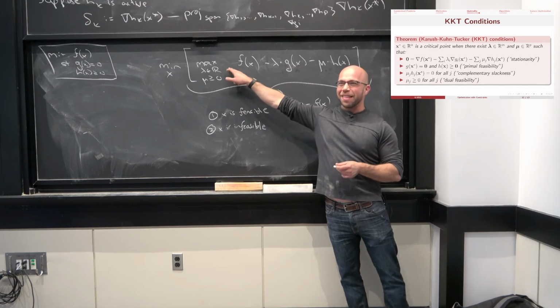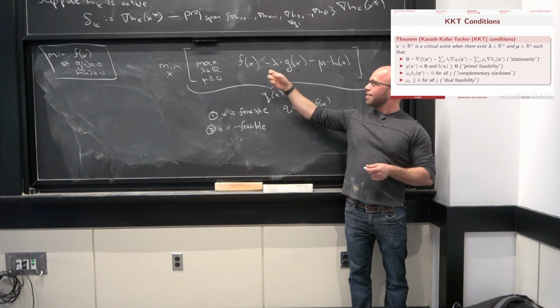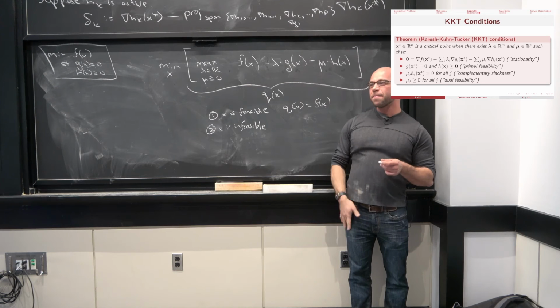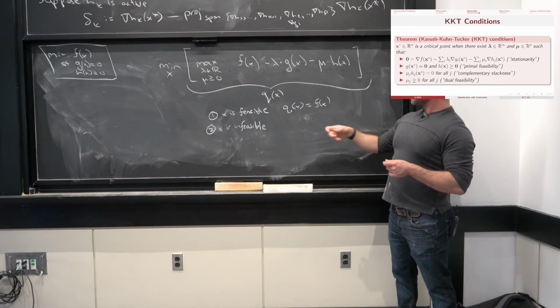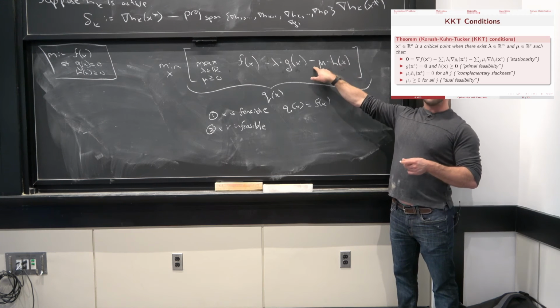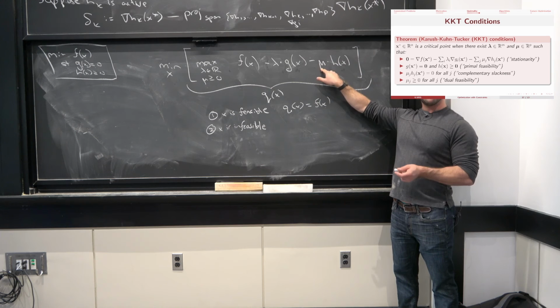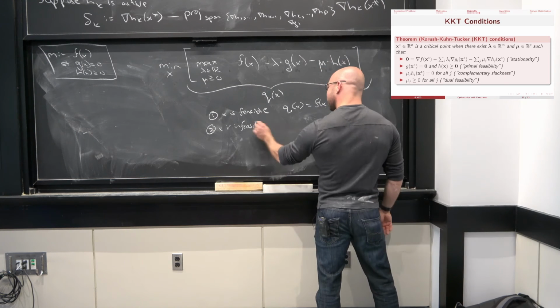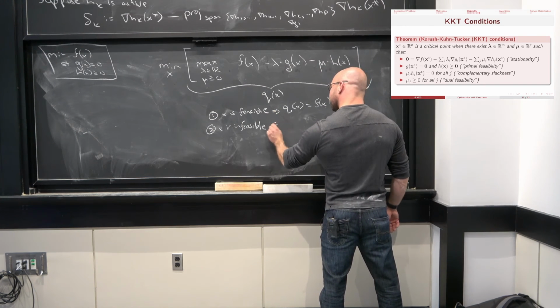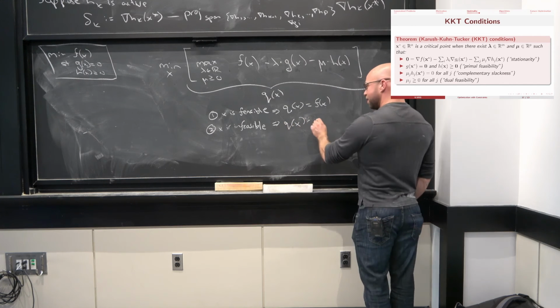Because I can choose any lambda that I want. I'm just going to take that 3 and multiply it by a ginormous number, or I guess a ginormous negative number because there's a minus here. Similarly, let's say that it's infeasible because h is negative. Well, now this minus and this minus cancel, and I can take it to infinity again by just choosing a ginormous mu. So in both cases, when x is infeasible, we have q of x is equal to infinity.